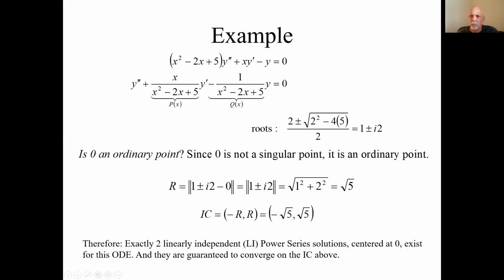In this case, it's minus square root of 5 to plus square root of 5. That's where, when we find a solution, the solution will be valid, in that interval. And we'll find exactly 2 linearly independent power series solutions around 0 for this ordinary differential equation.